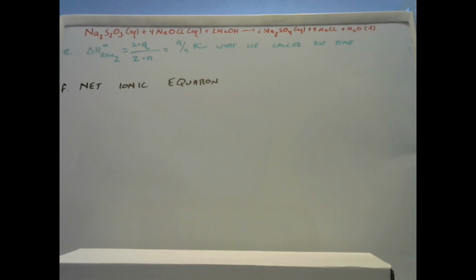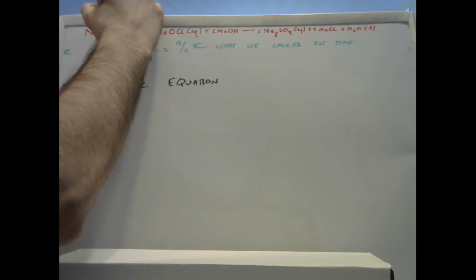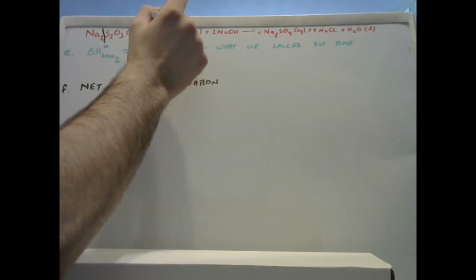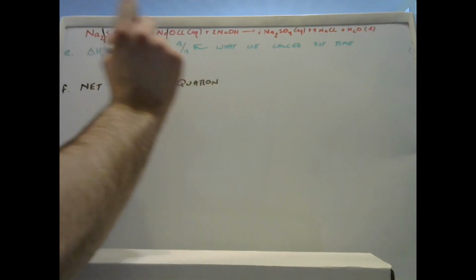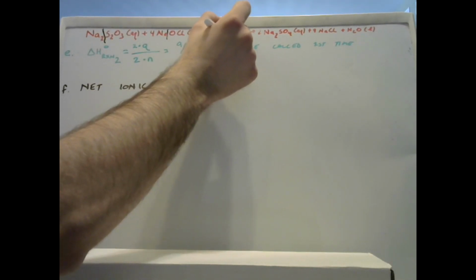The net ionic equation is slightly harder, but is still fairly easy as problems go. Just make sure you find where your positives and negatives are and split them up. So this is why we have you learn all your ions. So you can go, oh, right, so S2O3 is an ion, so that will split. Sodium and the hypochlorite, which is the only tricky part, will split.